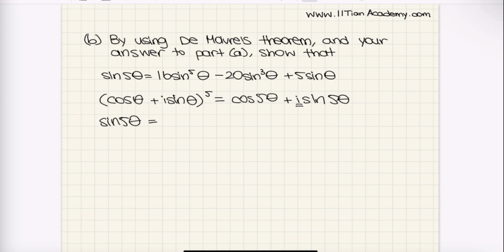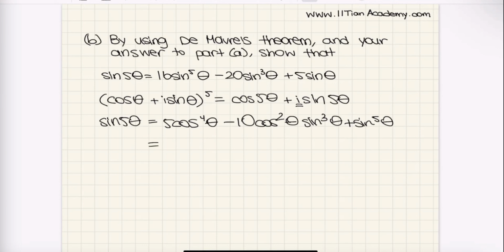So that's going to be equal to 5 cosine to the power of 4 theta sine theta minus 10 cos squared theta sine cubed theta plus sine to the power of 5 theta. And this we just get from the imaginary part of the other question there. So we need to equate those two and then figure out what that's going to give us.